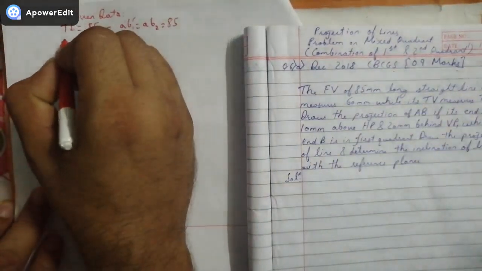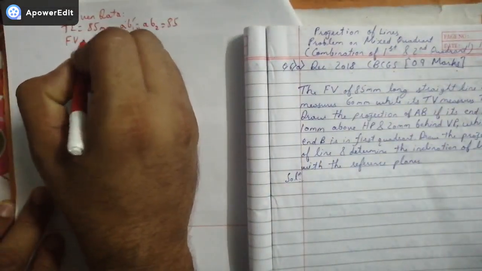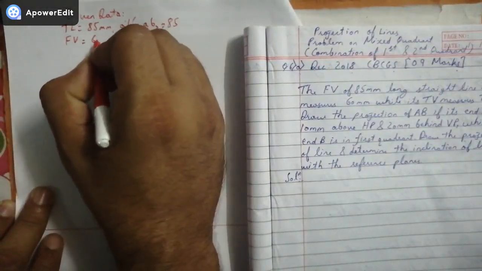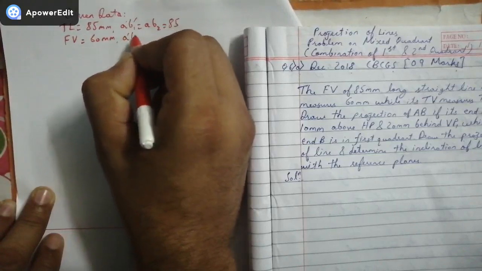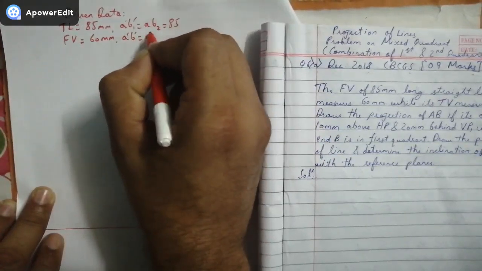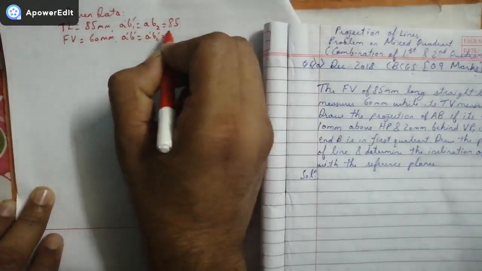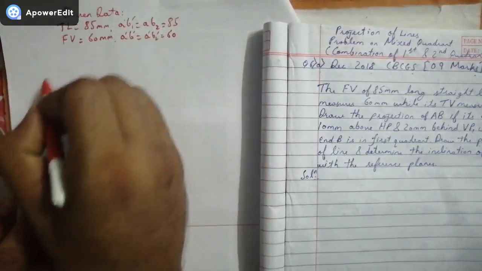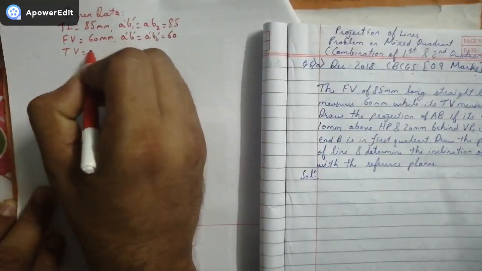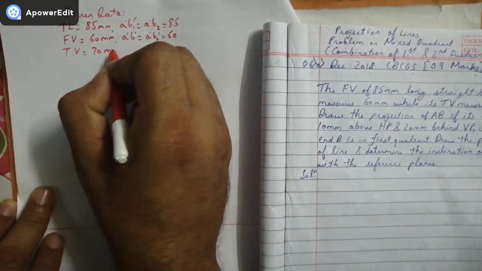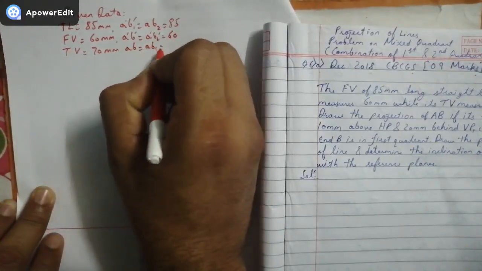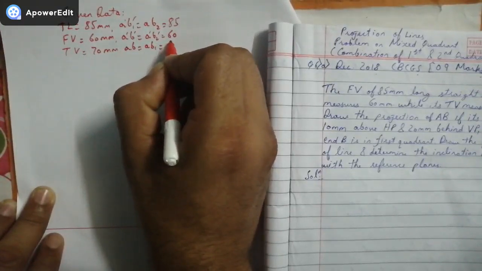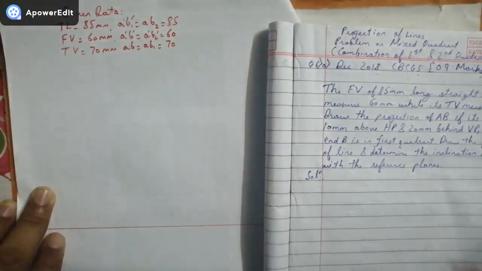So the front view length is 60. That means the front view length is also equal to the elevation length, that is A dash B2 dash is equal to 60. Top view length is equal to 70 mm. That is nothing but the plan length, that is AB1 is equal to 70 mm.